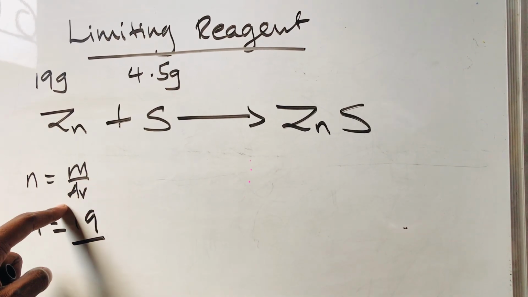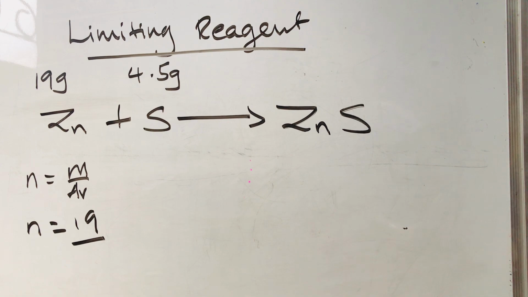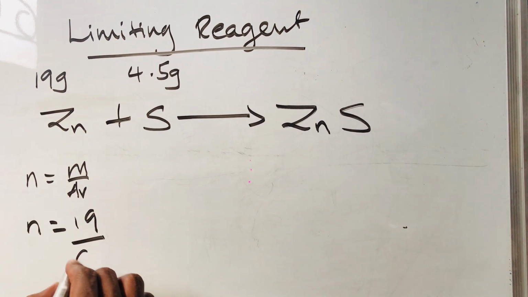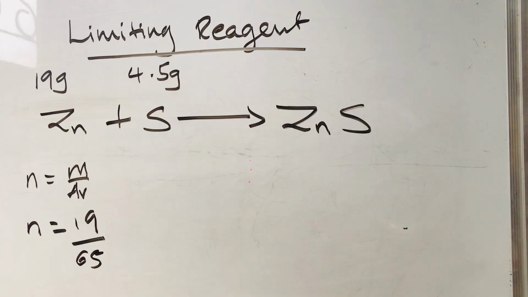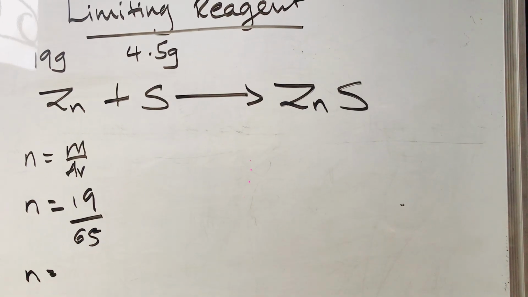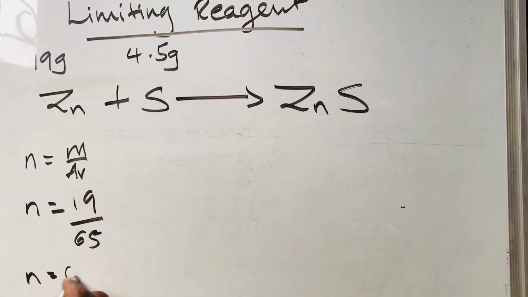The relative atomic mass, the number you find on top of zinc in the periodic table, is 65. So the number of moles of zinc is 19 divided by 65. You get 0.29 moles of zinc.